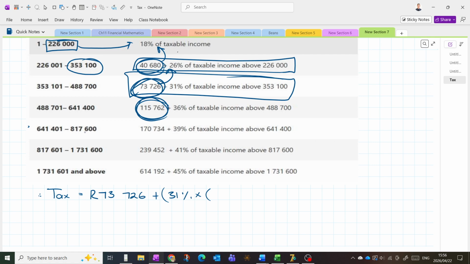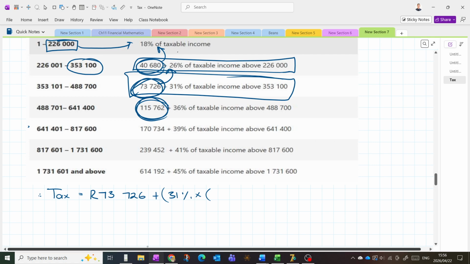Okay. Or actually, no, we're going to use the bottom end, sorry, the top end of the previous one. So 31% of 488,700.